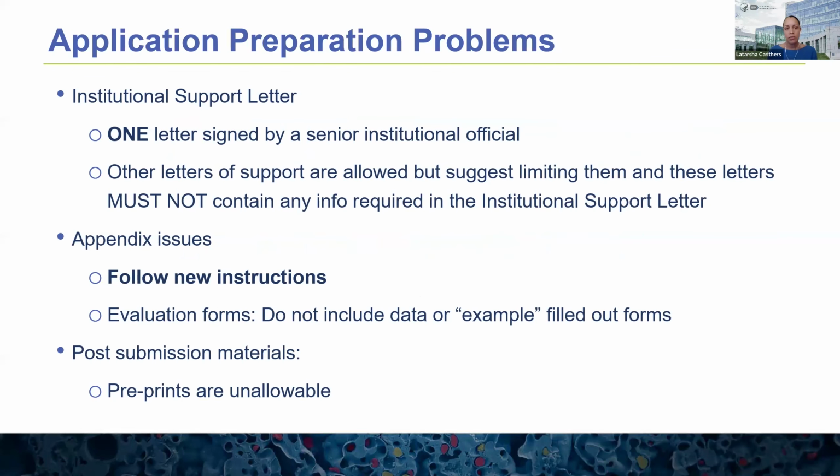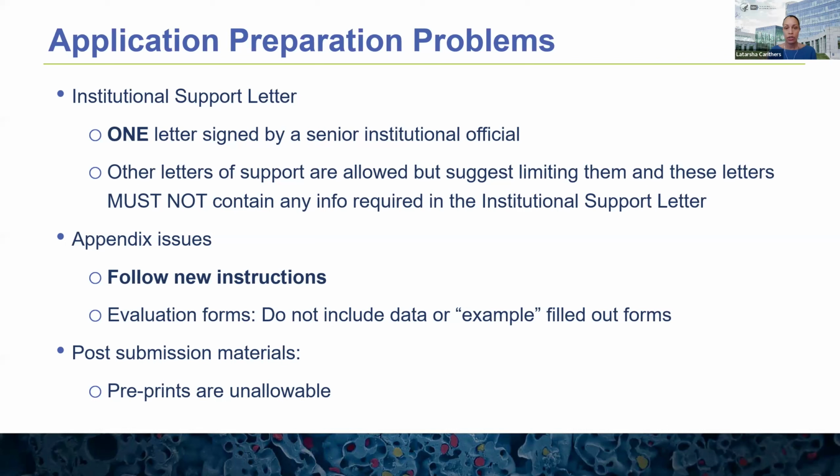Okay, so just some general topics and problem areas we see is that there should only be 1 letter. It should be signed in terms of institutional support. So that letter should be signed by a senior institutional official. Other letters of support are allowed, but we suggest limiting them, and these letters must not contain any of the information required in the institutional support letter.